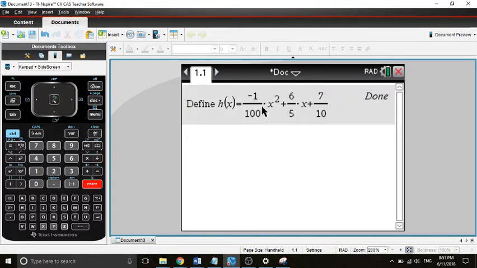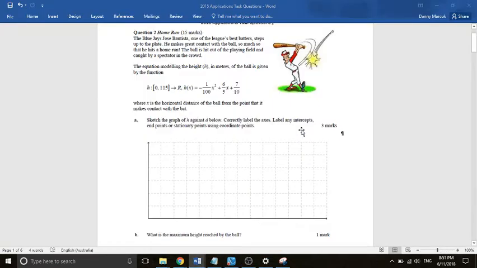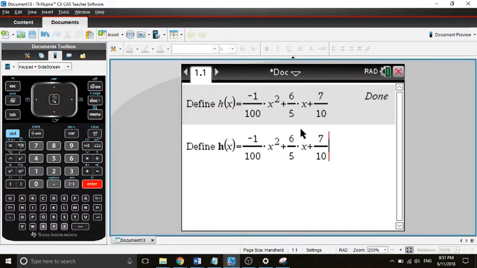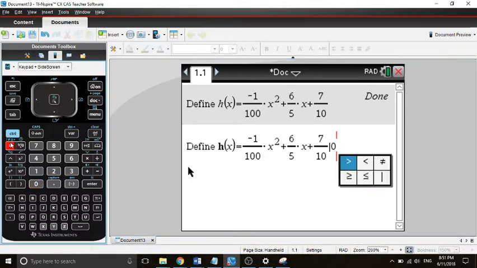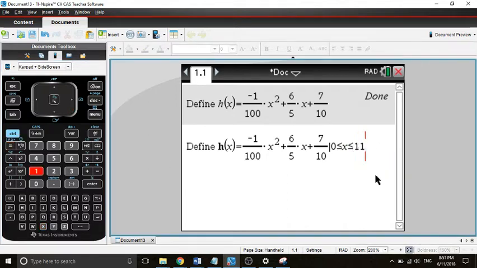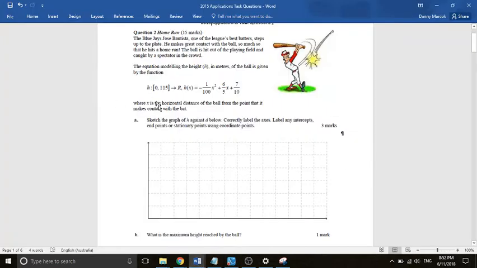We'll just check that matches up with what we've got there. Yeah, good. And we need to define our domain. Given that it goes from 0 less than or equal to x, which is less than or equal to 115. So our square brackets, less than or equal to 115.